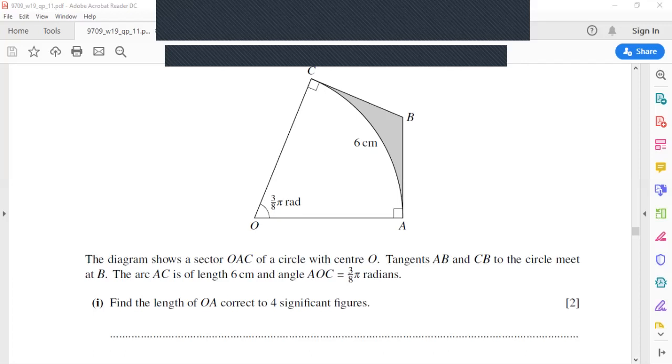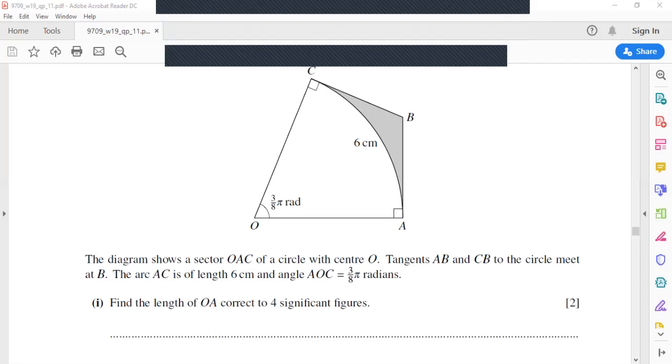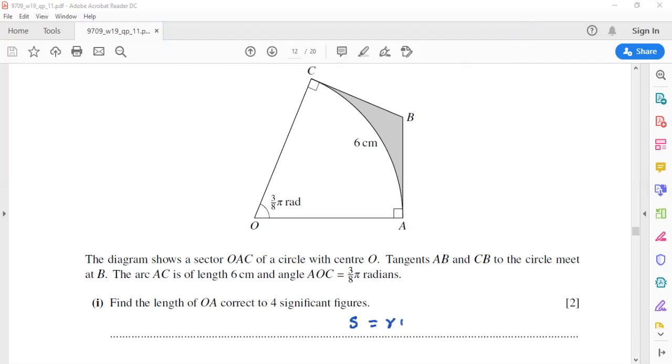Now this is an arc length of a circle and he's looking for OA. We have the formula for the arc length, that is S equals R theta. Our S is 6, our R we need to find, that is our OA, and our theta is 3 pi by 8.